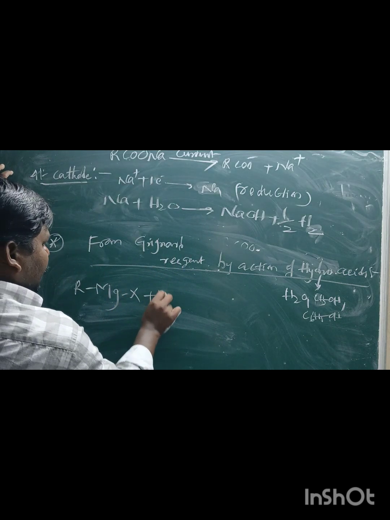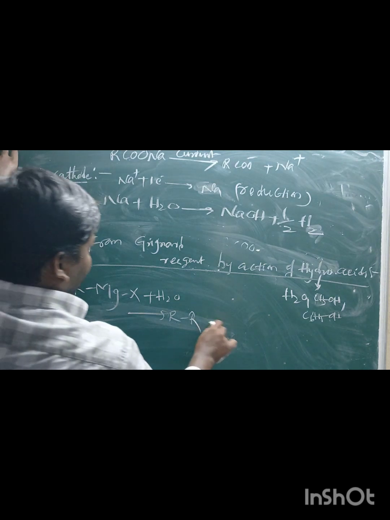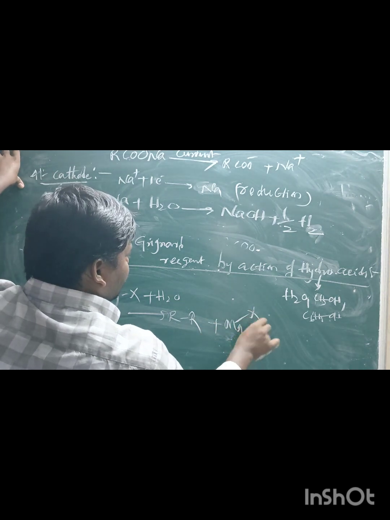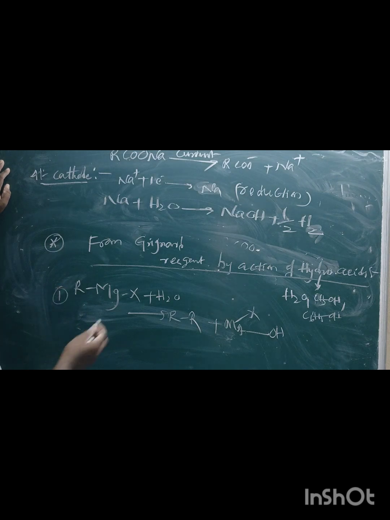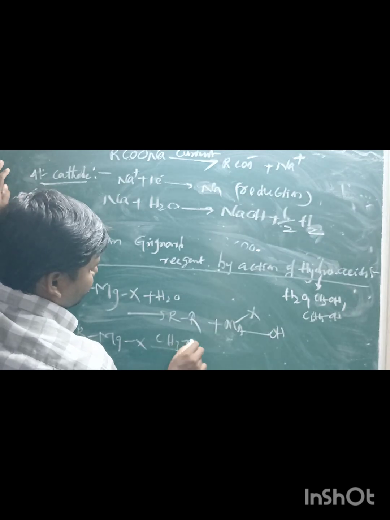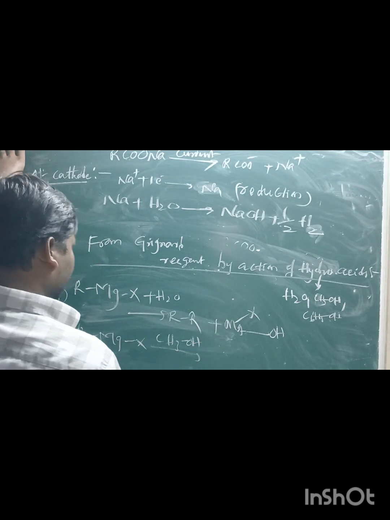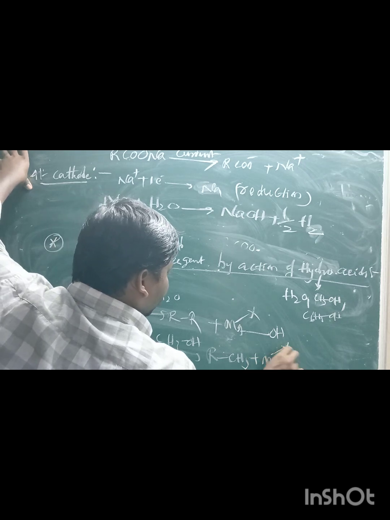Alkyl magnesium halide reacts with water to form alkane as well as magnesium halohydroxide. Alkyl magnesium halide reacts with alcohol to form RH plus Mg(X)OH.